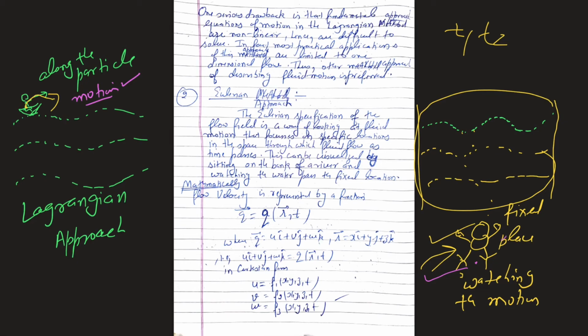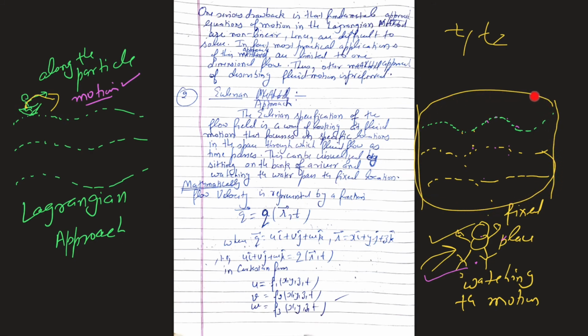Like at time t, the position is here, and after some time the position of the particle will change. So the Eulerian approach depends upon the time and the position of that particular particle at that time. It does not depend upon the initial time, because we don't know when and from where the motion was started, as only this field is visible under observation.